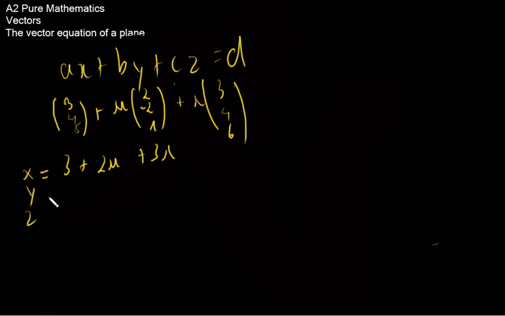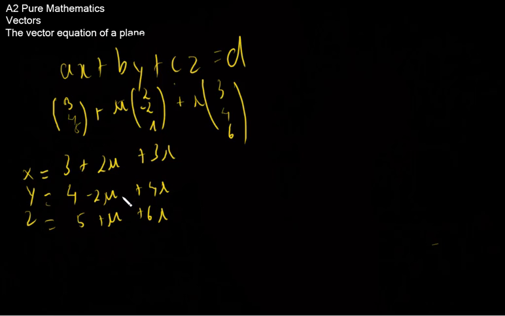And y is 4 minus 2 mu plus 4 lambda. And z is 5 plus mu plus 6 lambda. So here's what we have got.